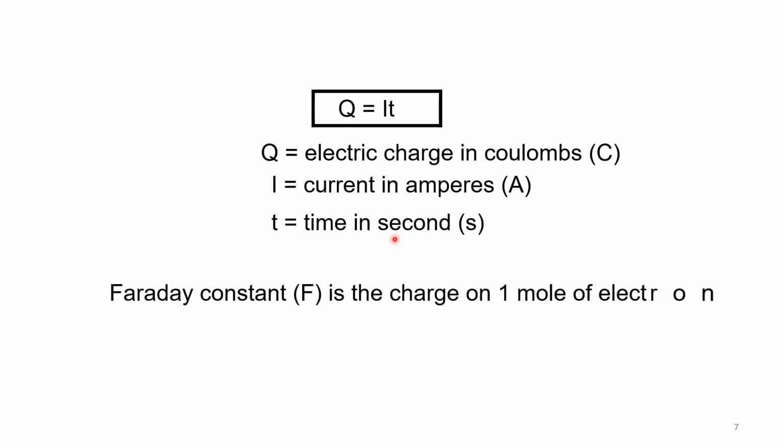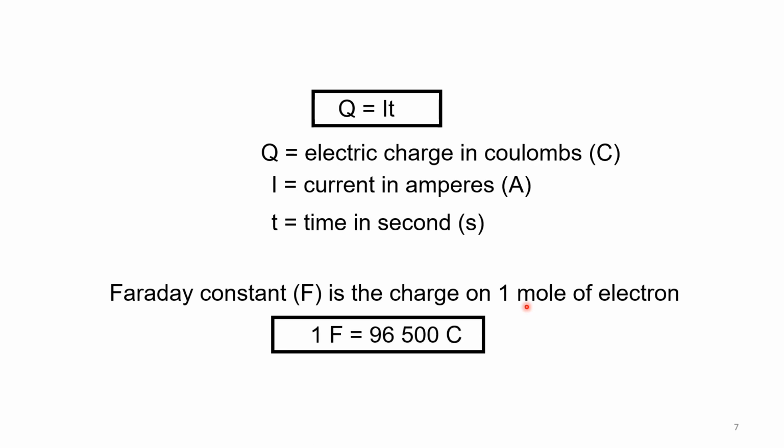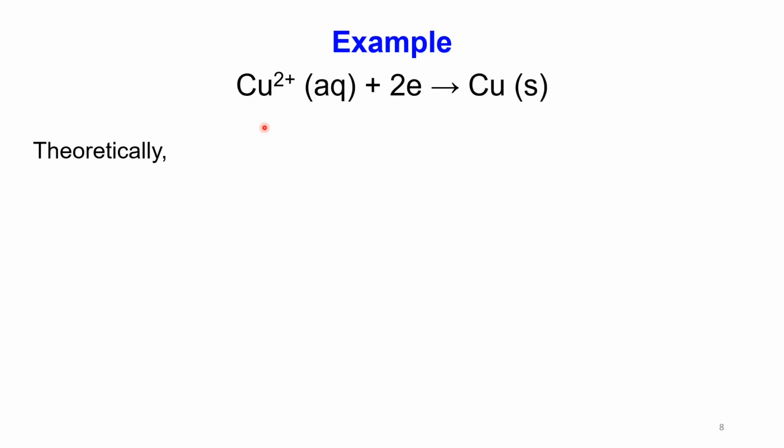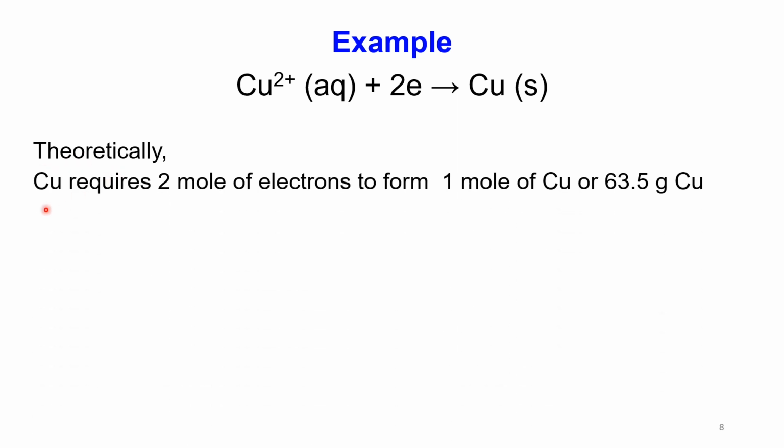So the Faraday constant is the charge on 1 mole of electrons. 1 Faraday consists of 96500 coulombs. For example, copper ion accepts electrons to produce copper solid, so this solid will be deposited at the cathode. Theoretically, copper ion requires 2 moles of electrons to form 1 mole of copper solid, or 63.5 gram of copper.